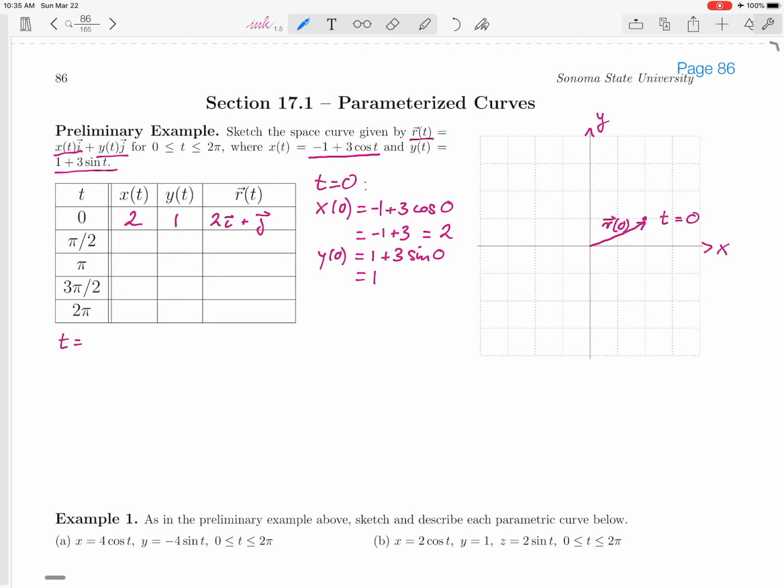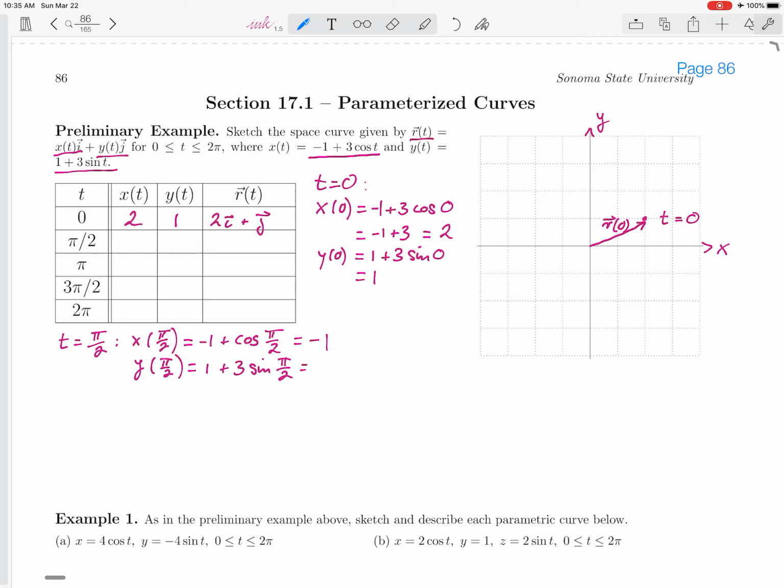We can now do this for all the values in our table, so let's just do one more. So what if t is equal to pi over 2? If t is equal to pi over 2, we have x of pi over 2, and that is minus 1 plus 3 cosine of pi over 2. And when you figure that out, you get that this is minus 1. And then we can find y of pi over 2, and that is 1 plus 3 sine of pi over 2.